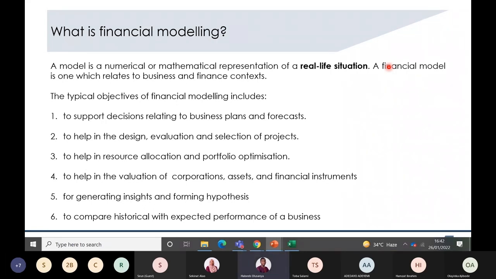And then based on assumptions on some basic drivers, things you expect to happen in the future, the model, which contains several moving parts, as we will further discuss in this class, would then show you some key values on how your business will perform in the future.